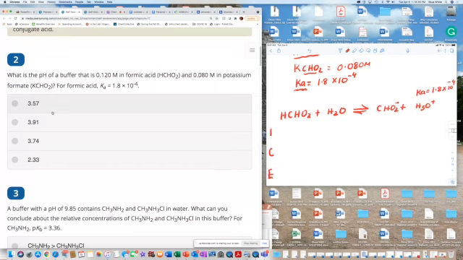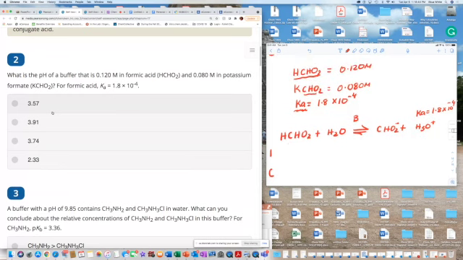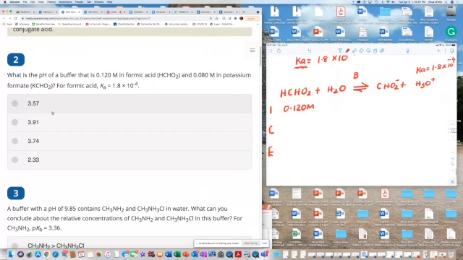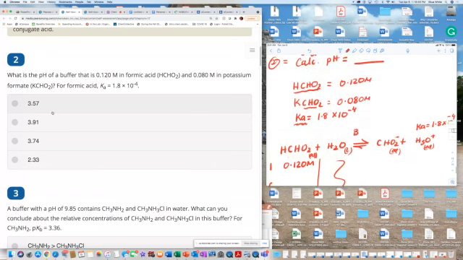Since I'm dealing with a buffer, I'm going to write B for buffer. I'm going to have two initial concentrations. One for this acid, which is 0.120 molar. As usual, we ignore the water because the water is liquid. This is aq, aq, aq.